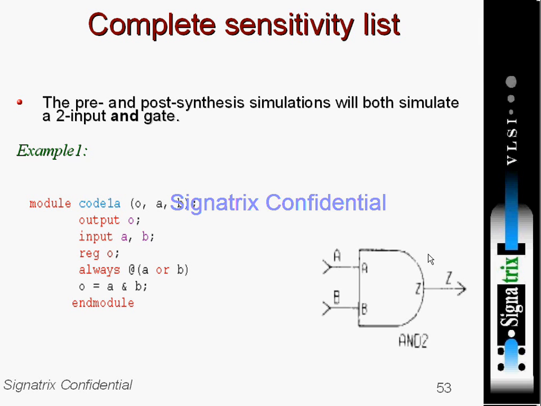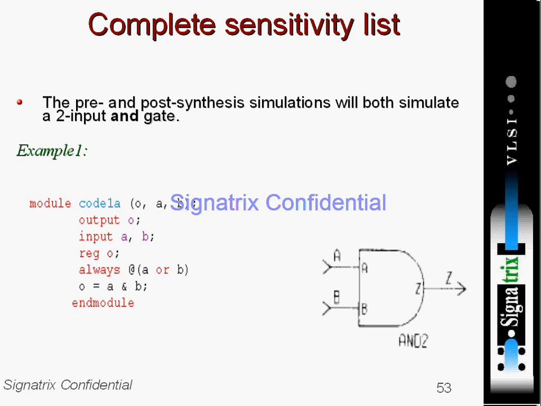One question is there. Suppose here we can see that all inputs are present in this sensitivity list. Suppose I delete B, what happens? Good question. If you don't include B in this sensitivity list, there would be an error in the design.